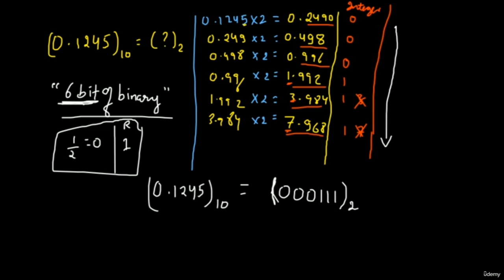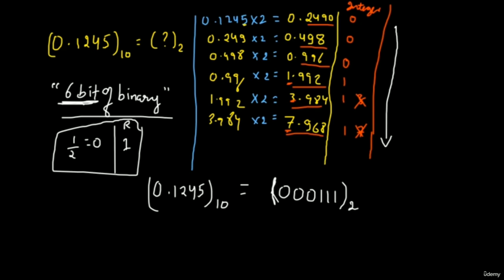So now I think you have understood the concept very clearly. When we have an integer number without the fraction part in the decimal, we divided it and took the remainders together and assembled them from downside up, and we got our answer. And in the fractional part, we did a similar thing, but instead of dividing, we are multiplying.